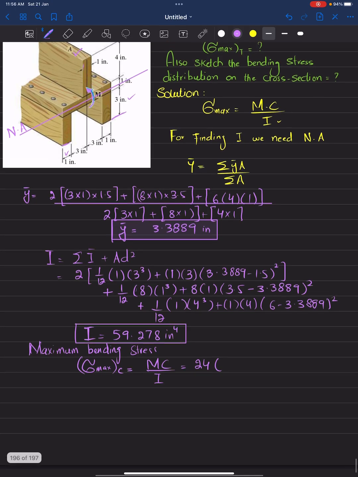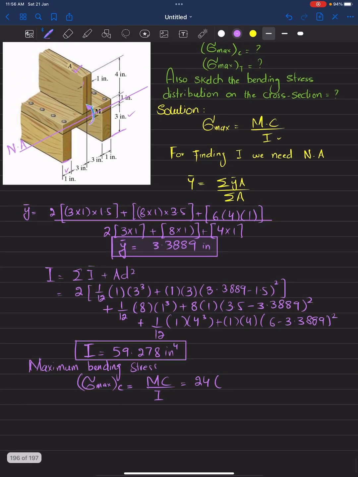Now what about C? C is the distance from the top to the neutral axis, and this distance is C. Clear? This C is equal to the total height, which you can see is 8.